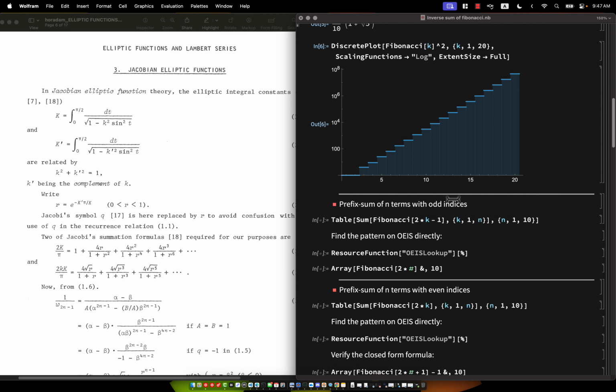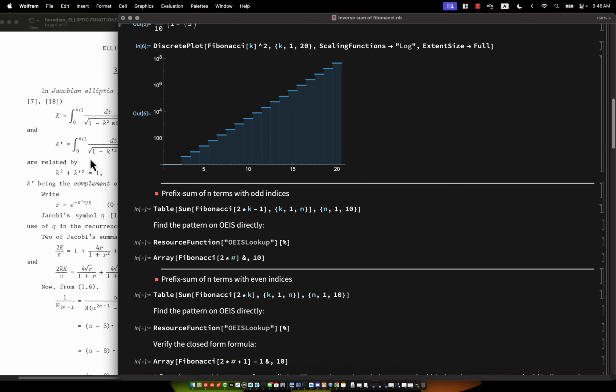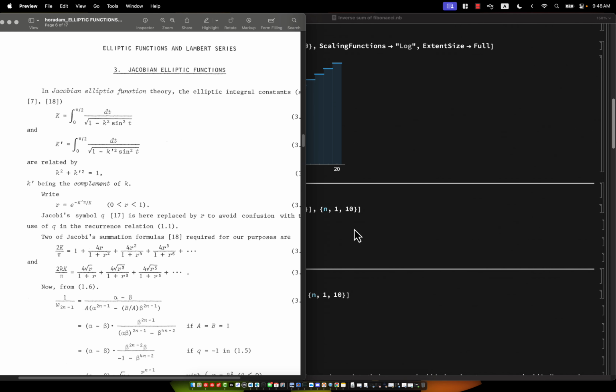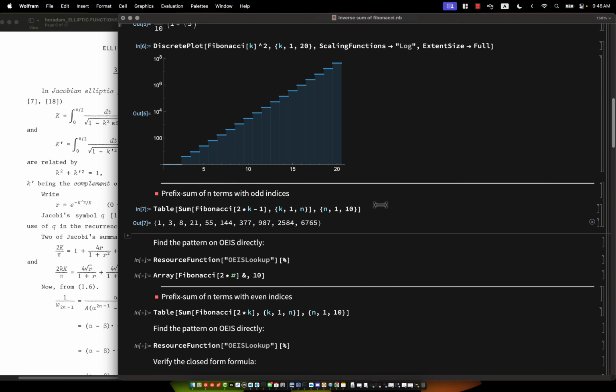And another useful formula that we use to solve this type of problem is to take a look at the prefix sum of Fibonacci numbers at even and odd index. So for this example, if you have Fibonacci numbers chosen at 1, 3, 5, 7, and so on, you have this sequence.